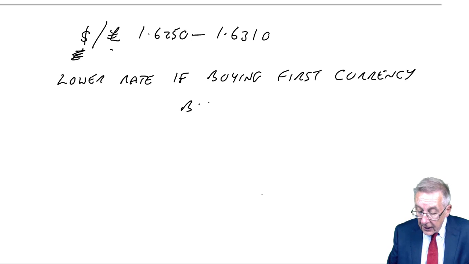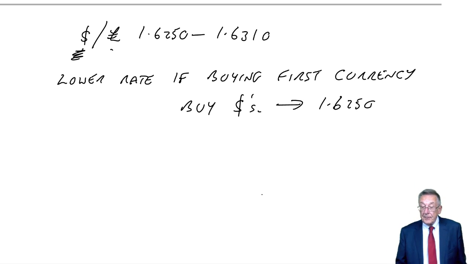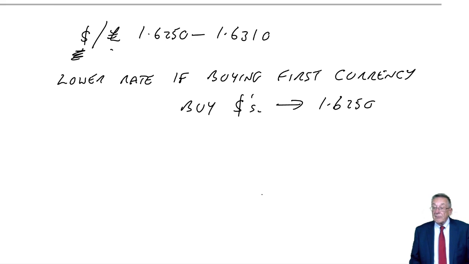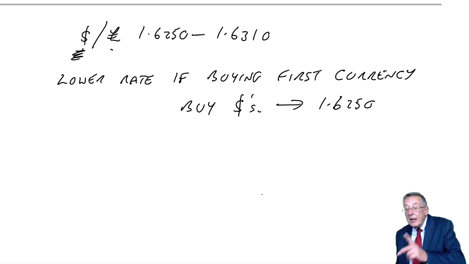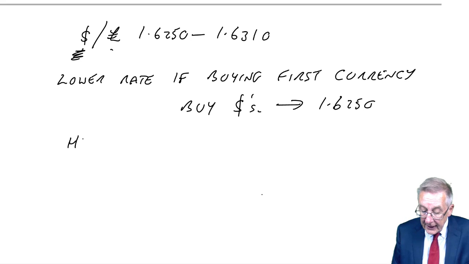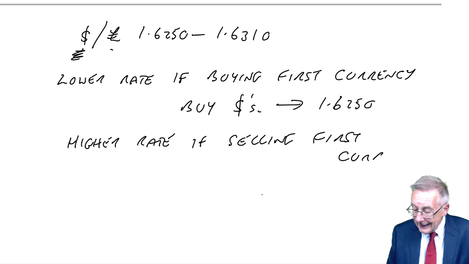If you're buying dollars, for my example, you'll use 1.6250 to convert. On the other hand, if we were converting the other way, if we were selling dollars in order to buy pounds, we use the higher rate, the second rate.